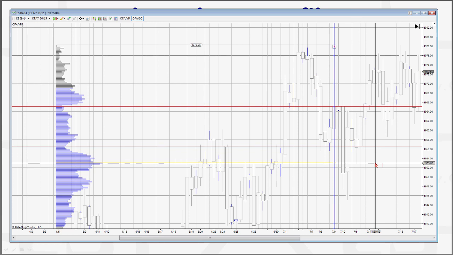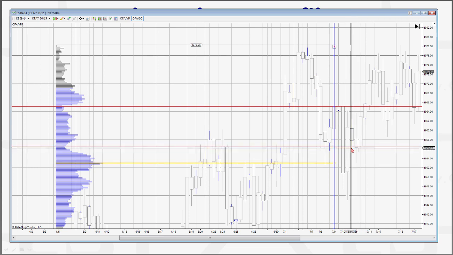And what's happening in the auction here is when sellers don't have enough conviction to push price through what they have considered to be fair price, then look out above. It's the same thing on the other side. When buyers don't have enough conviction in a day to take price through VPOC, fair price, then look out below. What it means is that this low volume area is at risk. Most likely is going to be broken.